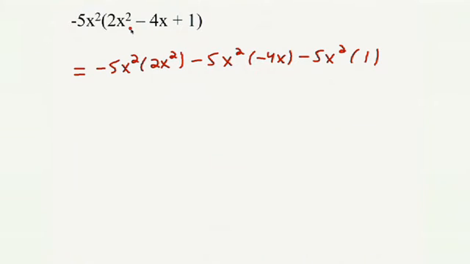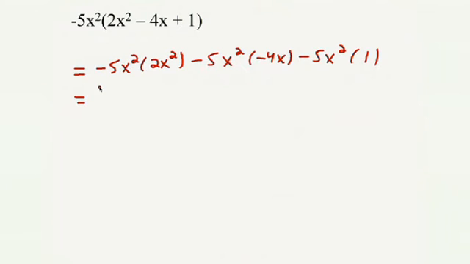Again, notice I'm treating this sign as if it's connected to the 4 and this sign as if it's connected to the 1. So it's negative 5x squared times this piece, negative 5x squared times this piece, and negative 5x squared times this piece. I think if you think about it that way, you'll find it a little easier to keep track of the pieces.